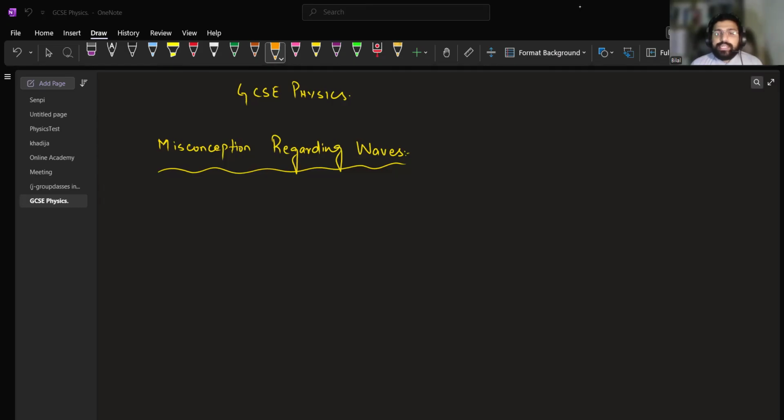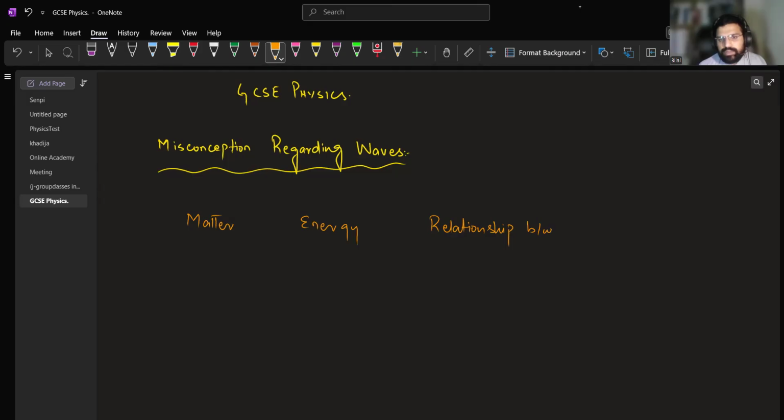So first of all, let's see what is the basic phenomenon of a wave. In physics, whenever we study any topic, whether it is at high school level, college level or even graduate level, physics always deals with three kinds of things. It can be related to matter, it can be related to energy, or it can be related to the relation between matter and energy.